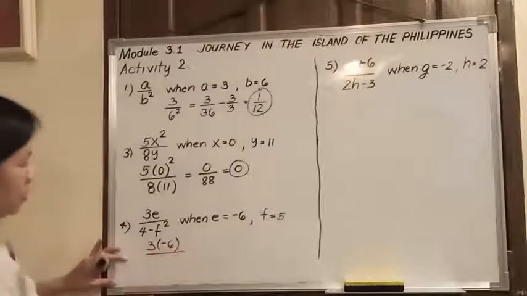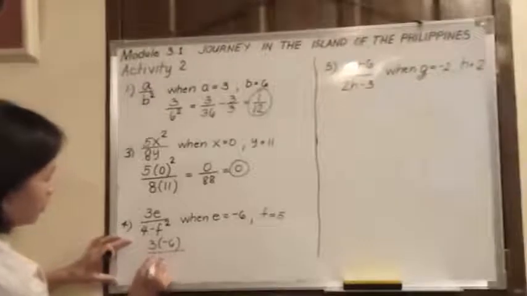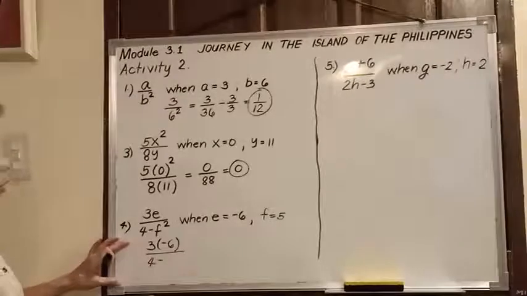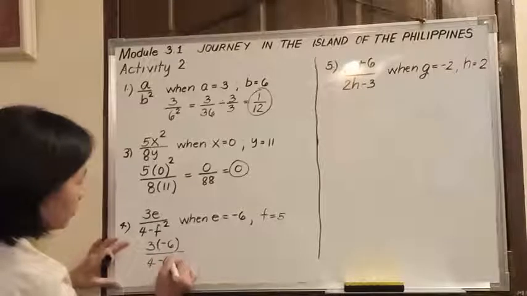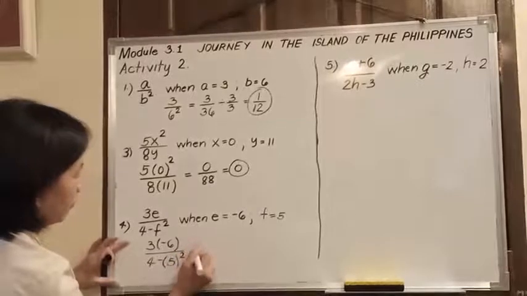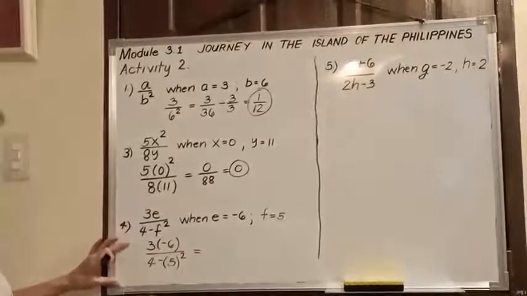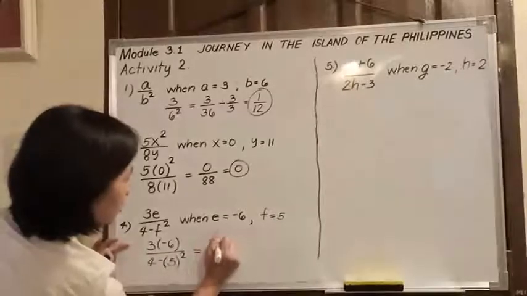And then bring down 4 minus the value of F. We will square F. But F is 5. And that is 5 squared. Then simplify. What is 3 times negative 6? Negative 18.